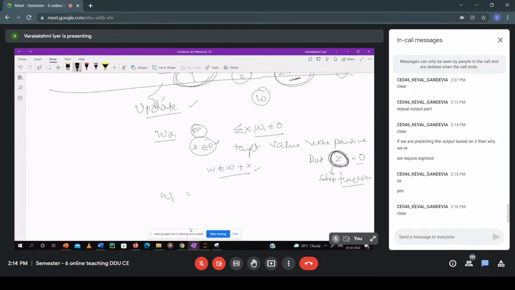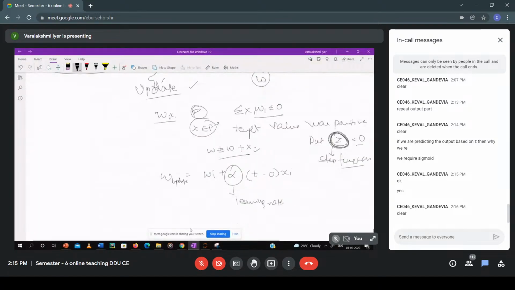The generalized form is: the updated value of Wi equals Wi plus alpha, which is your learning rate, times (the actual target value minus the output) times xi.